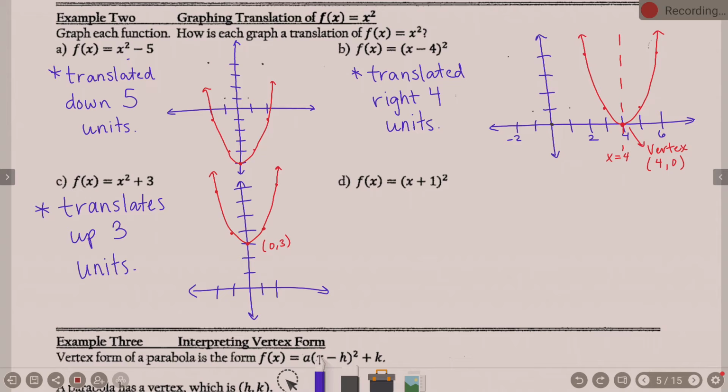Okay, D. What am I doing with D? Going to the left 1. Okay, so the plus 1 is in parentheses. Reminder, in parentheses is left or right, opposite the sign. So since it's in parentheses and it's a plus 1, we're actually going to say left 1. So translates left 1 unit.